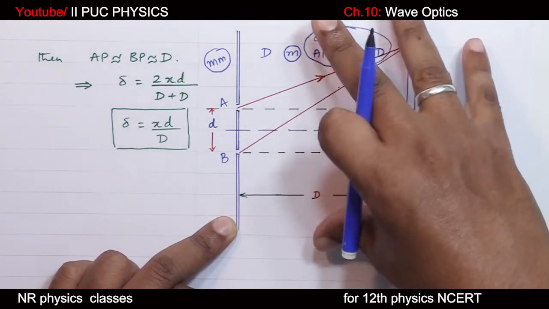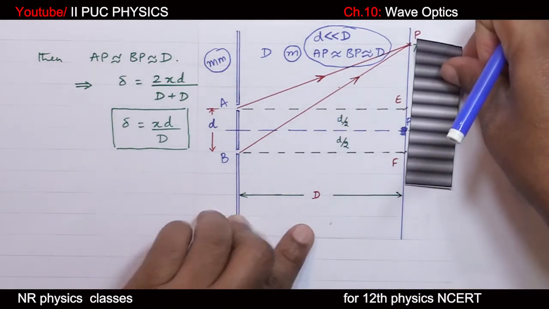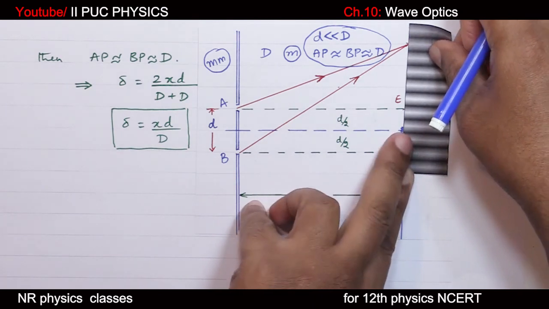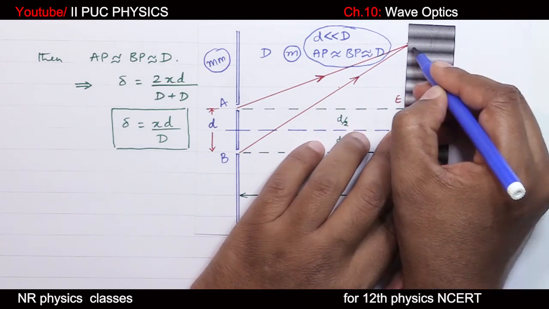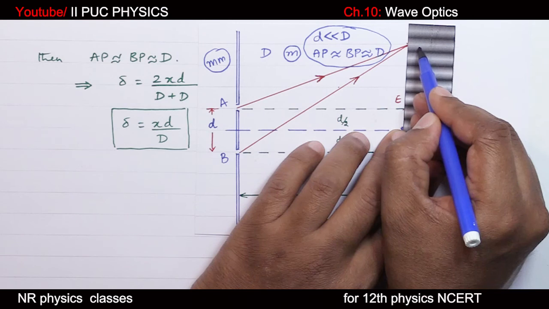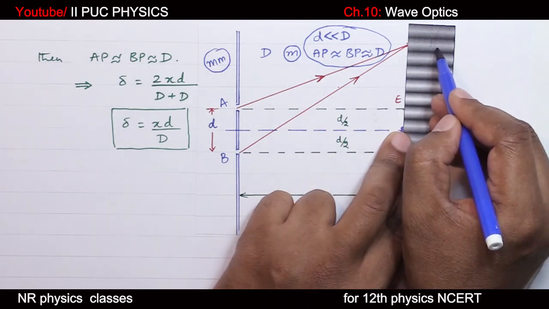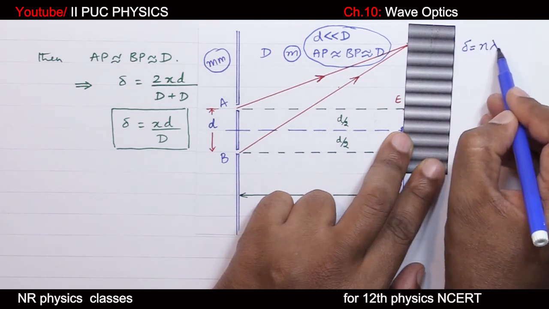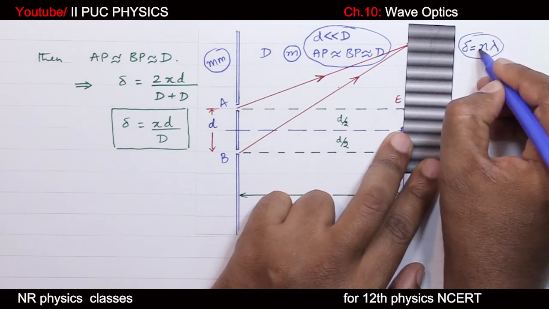Now in this case, if fringes are like this, alternate bright and dark fringes, and at P there is a bright fringe. Bright fringe means constructive interference. For constructive interference, what is the condition in terms of path difference? Path difference should be equal to n lambda, isn't it? So let us use this condition for constructive interference.